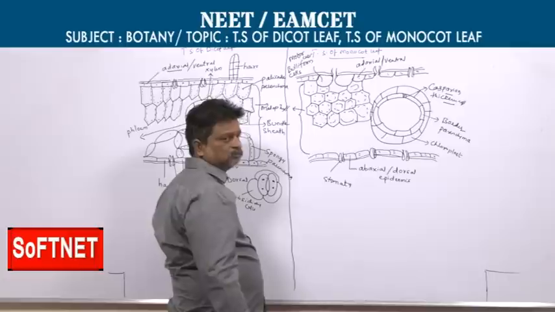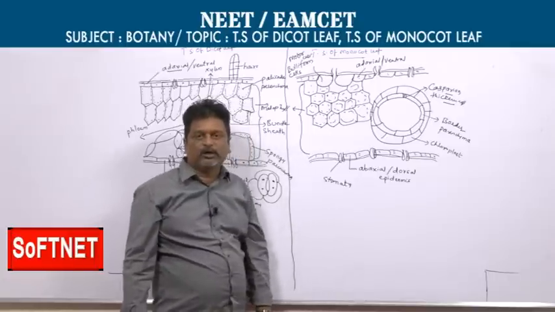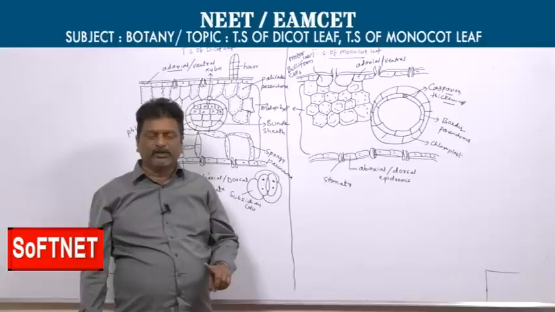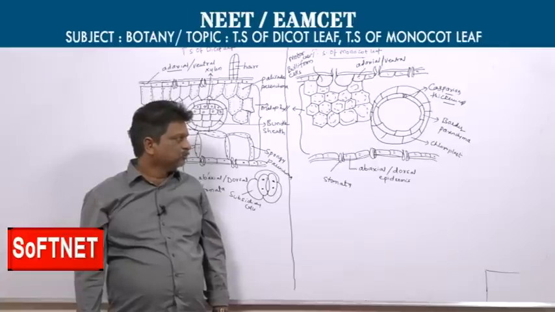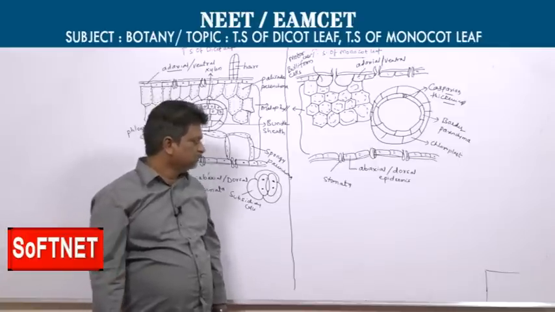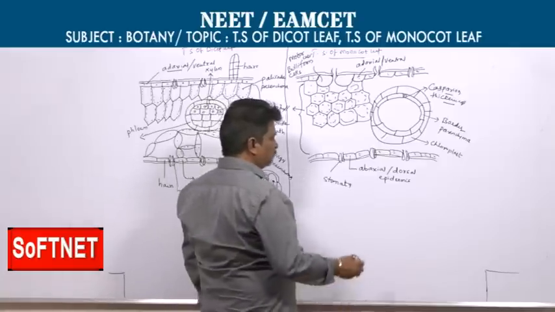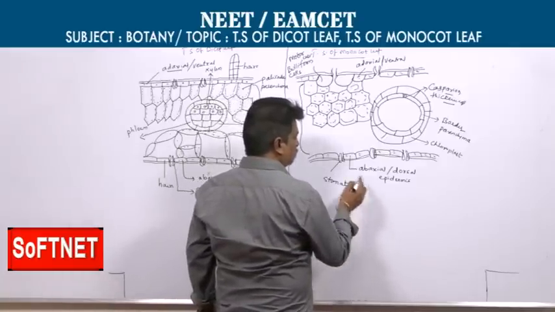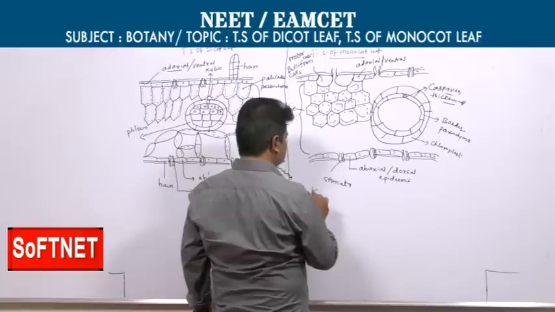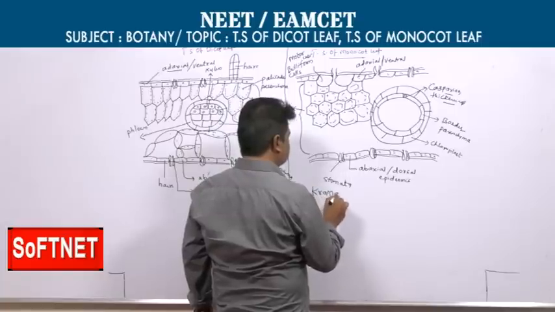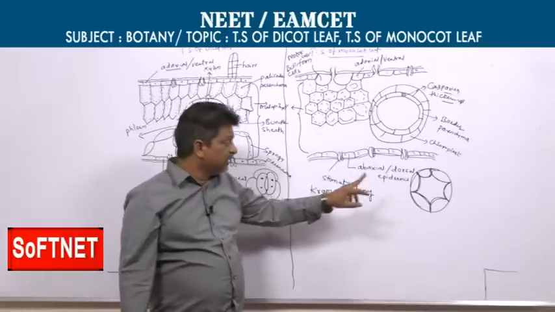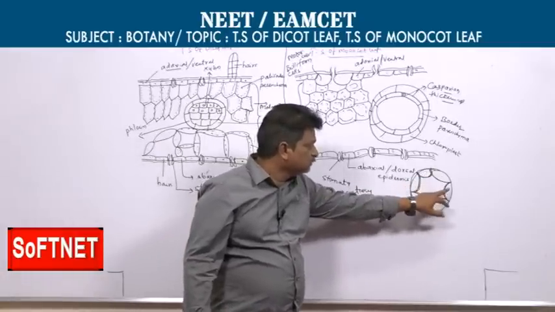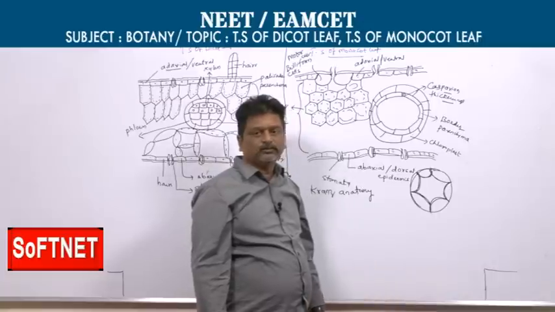But in maize, the bundle sheath has one layer and it contains chloroplast. So in some monocots, there is Kranz anatomy. Kranz anatomy refers to the bundle sheath cells.